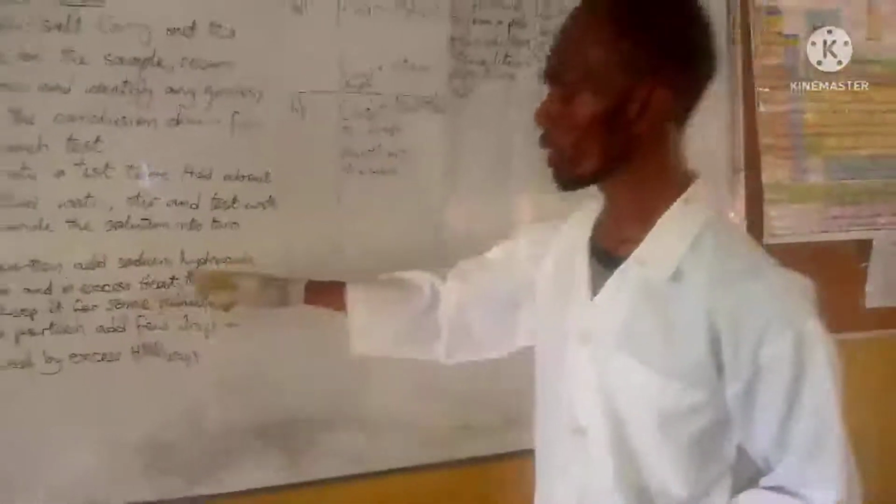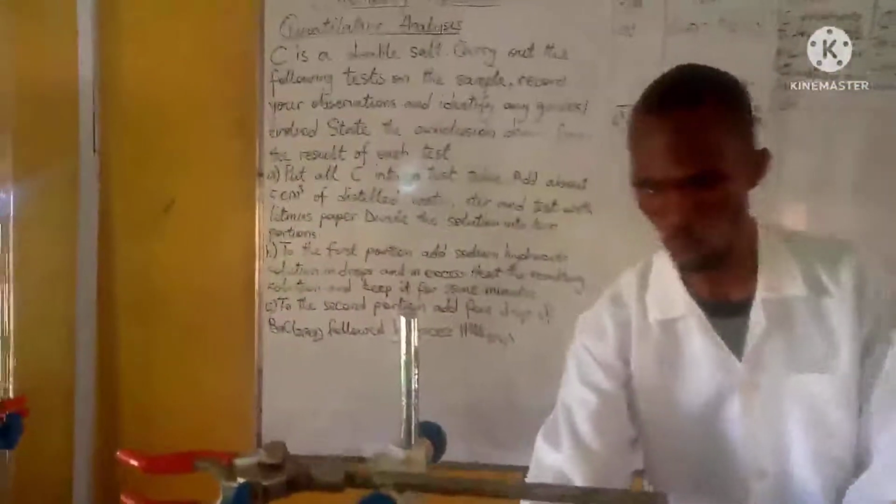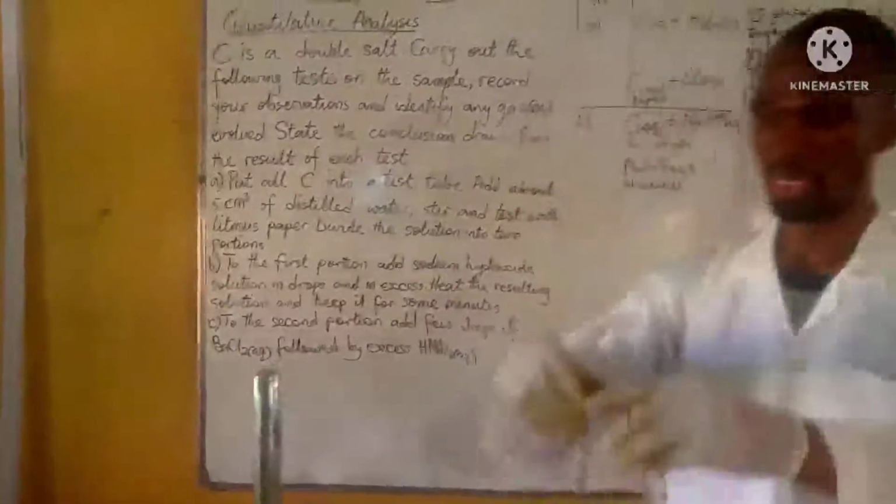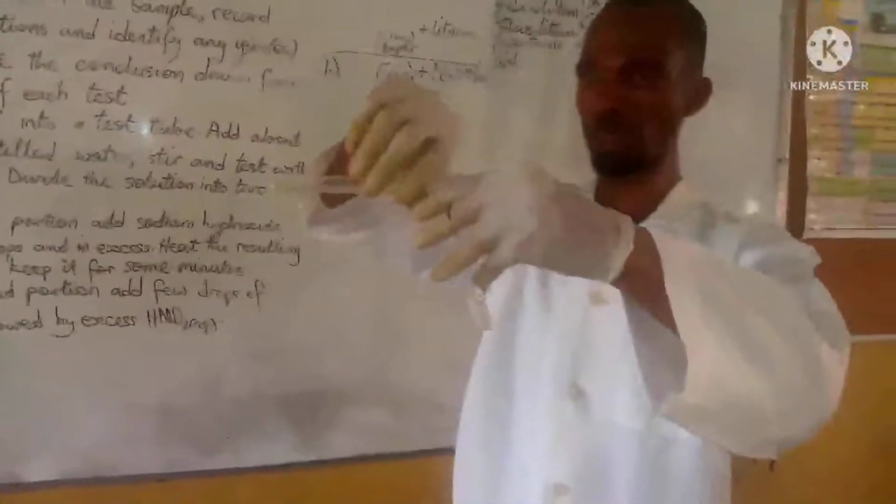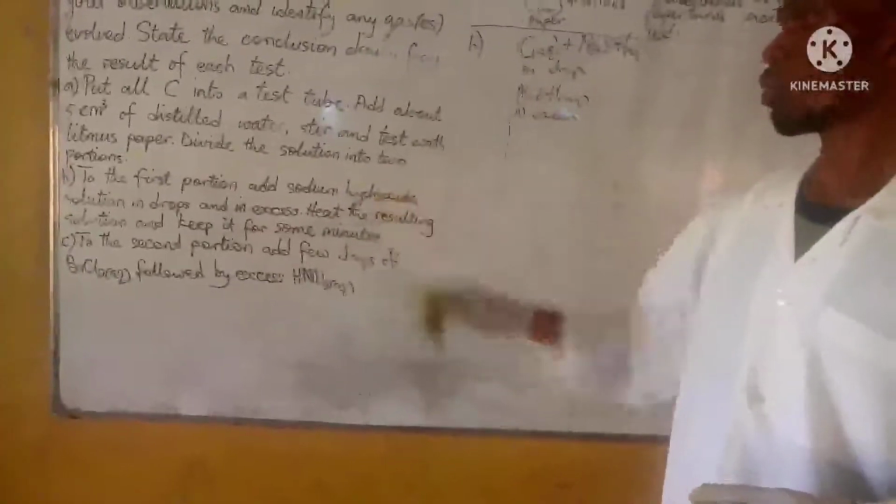And the second one, it says to the first portion. So we divide into two here. Divided into two portions. So to the first portion we add sodium hydroxide solution in drops.